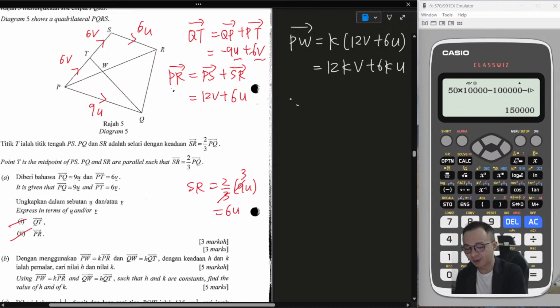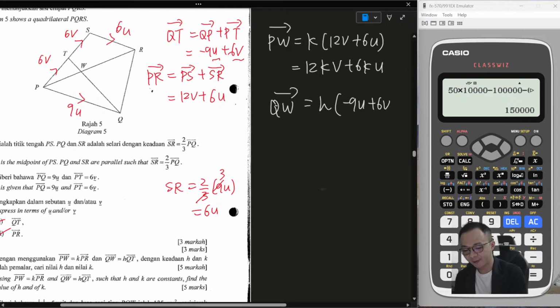Okay, I just multiply in. And then we have QW. QW is HQT. QT is negative 9U plus 6V. I can multiply my H into it, so it's negative 9HU plus 6HV.